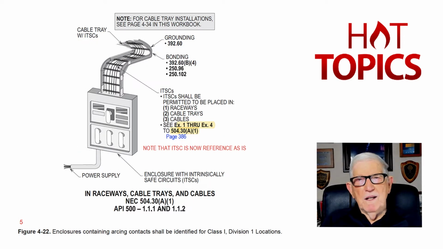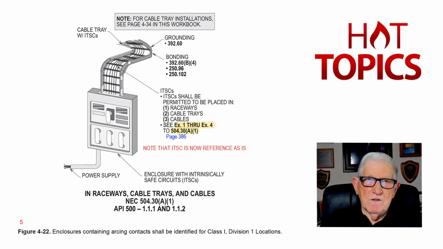Now, with that in mind, we're going to move to the next figure, which is 5. And we can place these intrinsically safe circuits in raceways, cable trays, and cables can be used in accordance with 504.30(A)(1). And then, of course, you have your API references there that would send you to the NEC if you had a problem. If you had a cable tray, for example, you'd have the grounding in 392.60, and then, of course, the bonding 392.60(B)(4), 250.96, and 250.102.